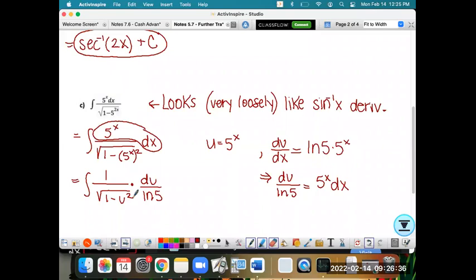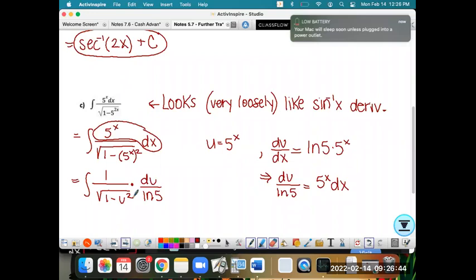Okay, with the exception of the ln of 5, this does definitely look exactly like the sine inverse derivative. Luckily, ln of 5 is just a coefficient, so I can go ahead and factor that in front of the integral.